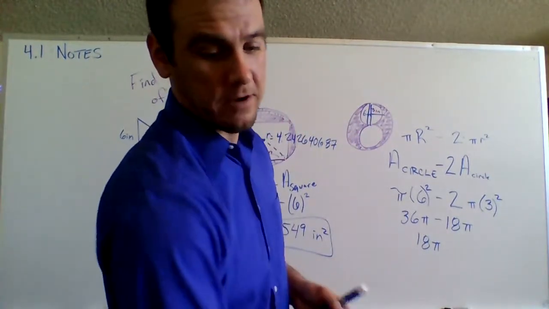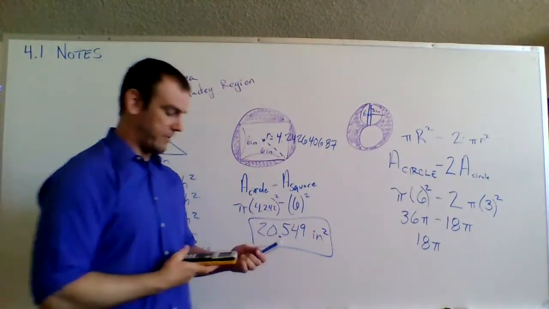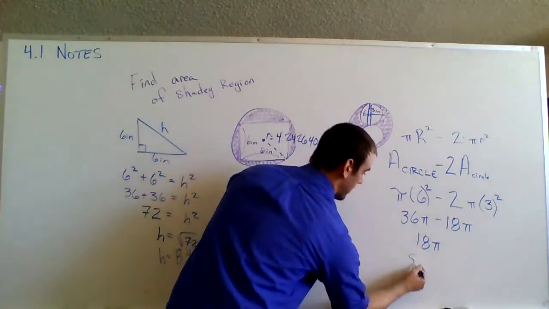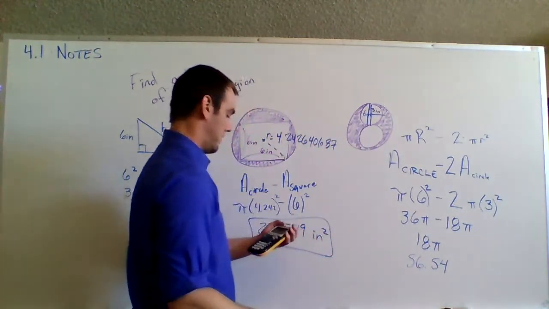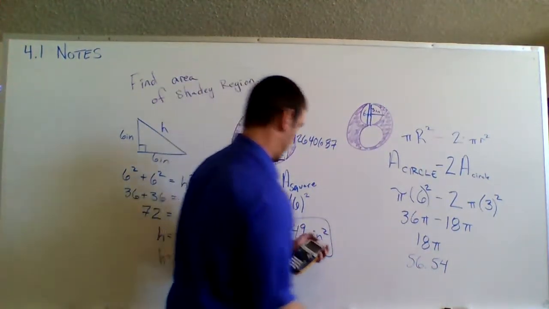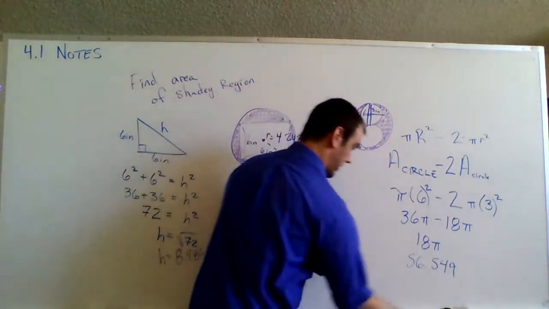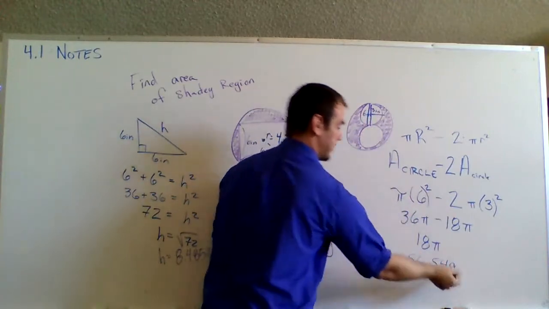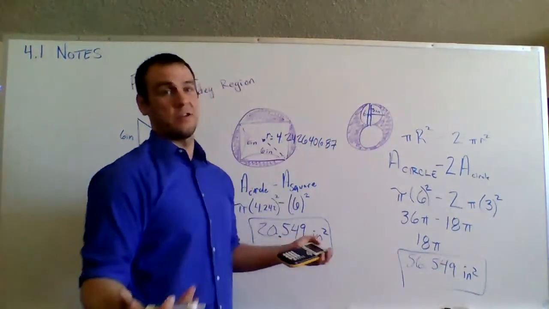Okay, you can just type that into your calculator. See what we get out here. 56.5486, which is going to round up to a 9. Well, it's like the same decimals as we had over here. Okay, my units are going to be inches squared. And that is going to be your answer.